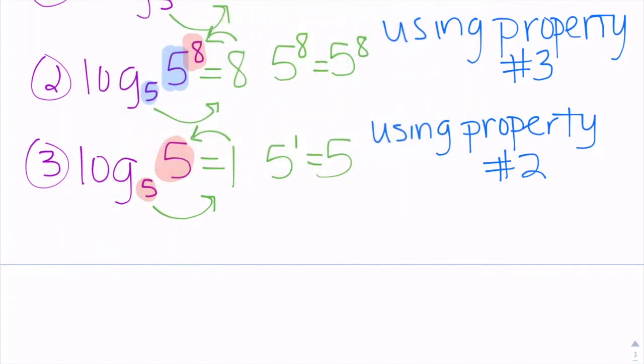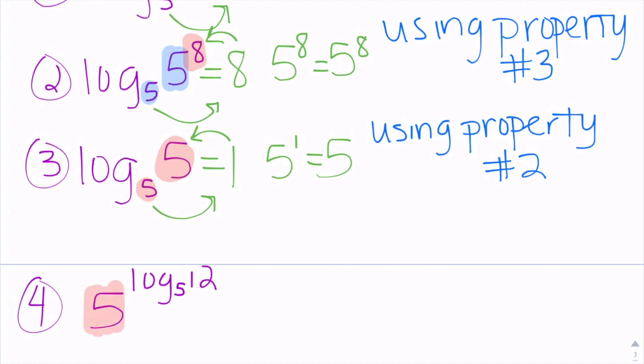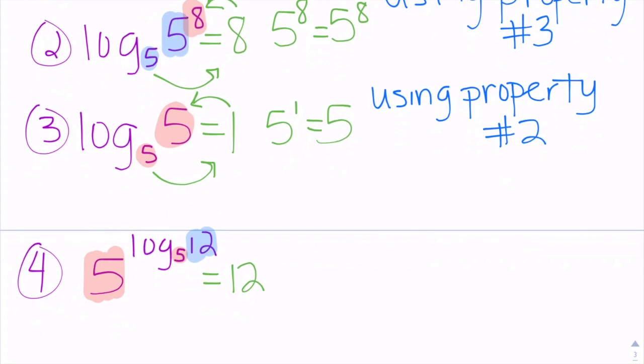And then example 4: if we have 5 to the log base 5 of 12, we want to remember that when the base of the exponent matches the base of the logarithm in the exponent, the answer is the argument of that logarithm. So this would equal 12, and we can convert this to logarithmic form to prove it true.